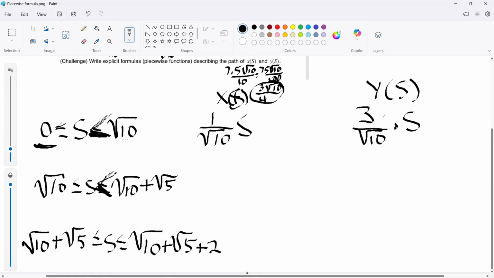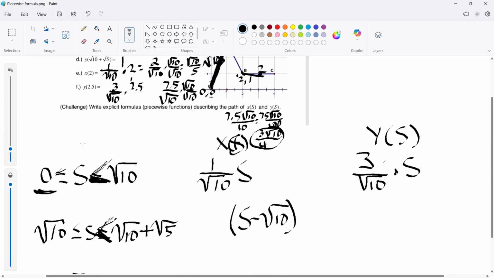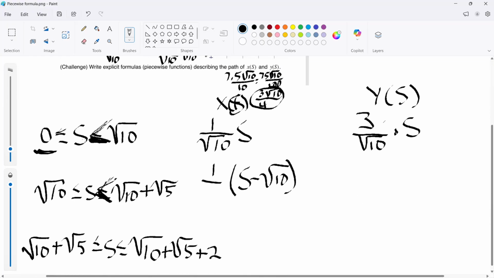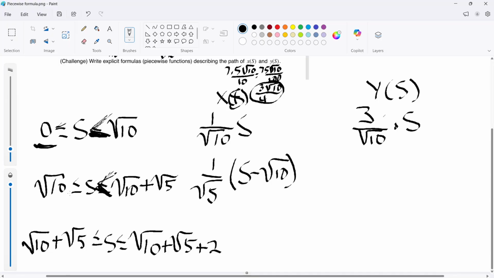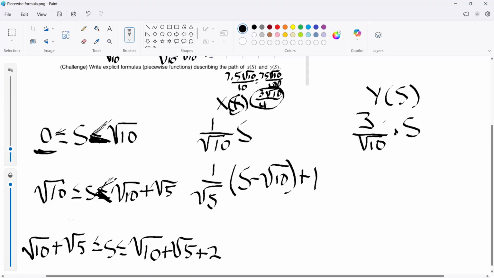How about the next one? This time it's going to be s minus square root of 10 times, how much does x change in the second segment? It changes by 1. What's the distance of the second segment? Square root of 5. Where did x start? At the start of the second segment, x started at 1. So this is plus 1. Now this one, keep in mind, it's minus.